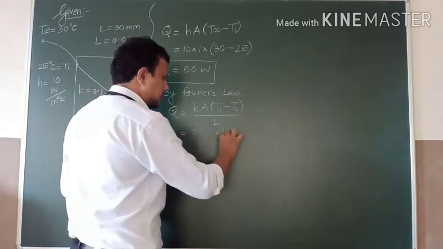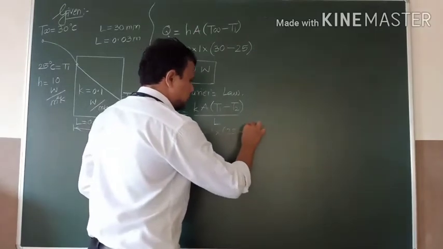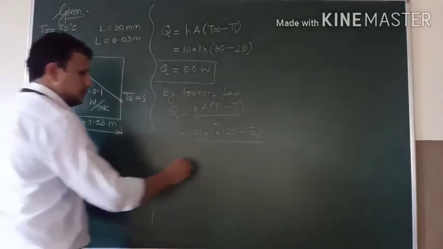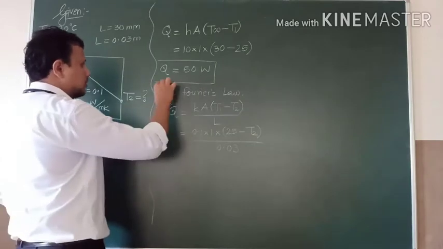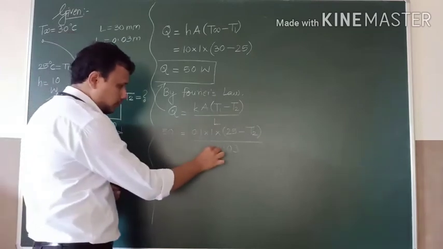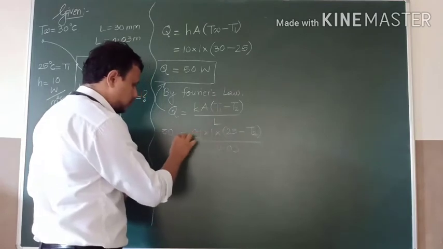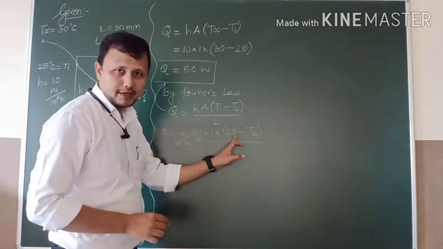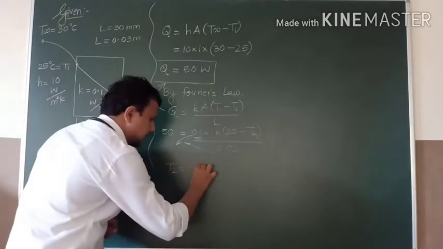Area is 1. T1 is known to us, 25 degrees Celsius. T2 is the unknown temperature and thickness L is 0.03 meter. Q we already know from the previous expression, which is 50. So 0.03 will be multiplied on this side and divided by 0.1, and whatever comes out will be subtracted from 25. So you get T2 equal to 10 degrees Celsius.